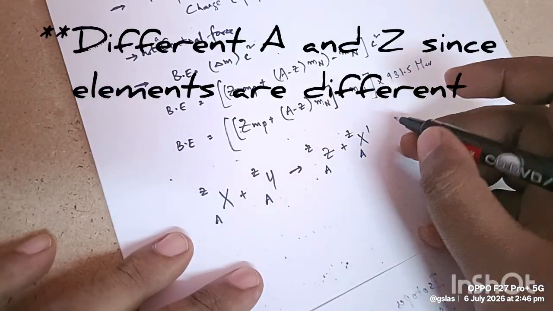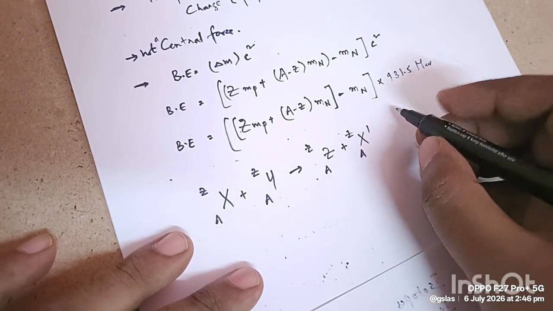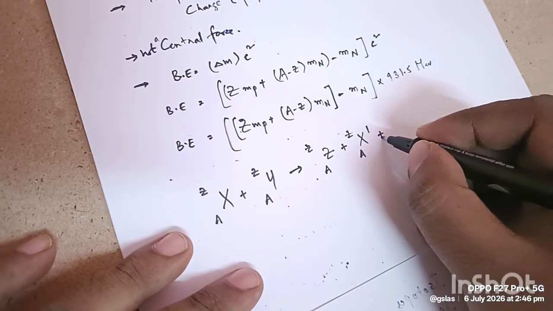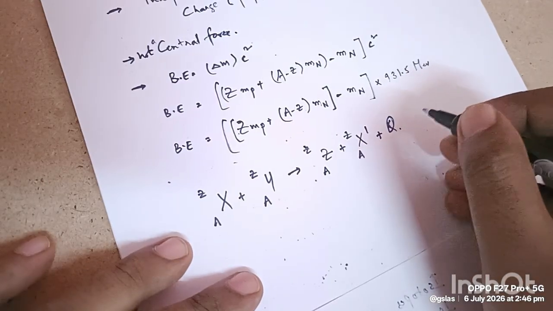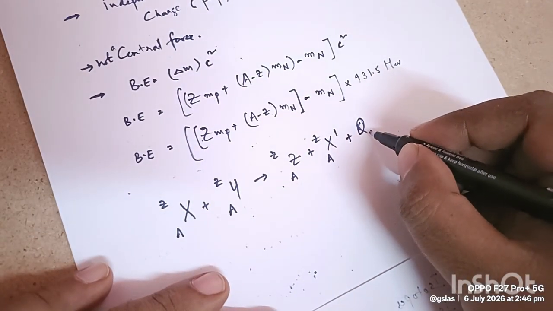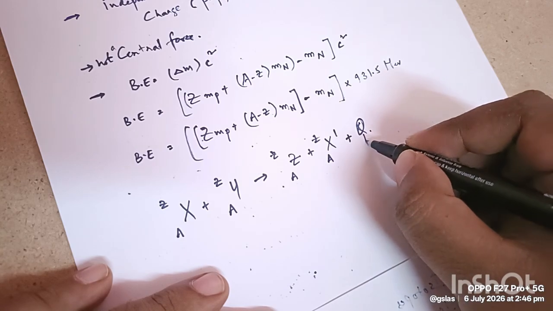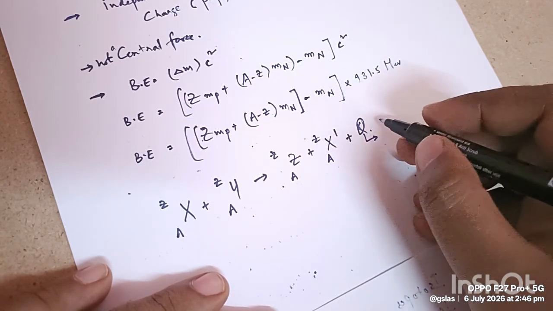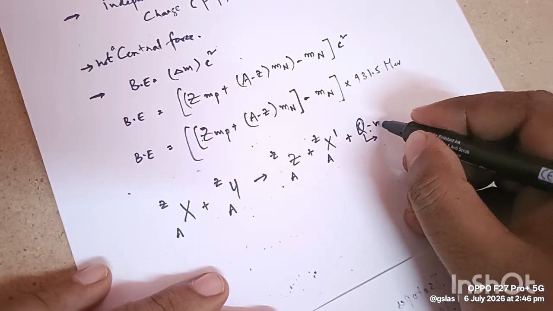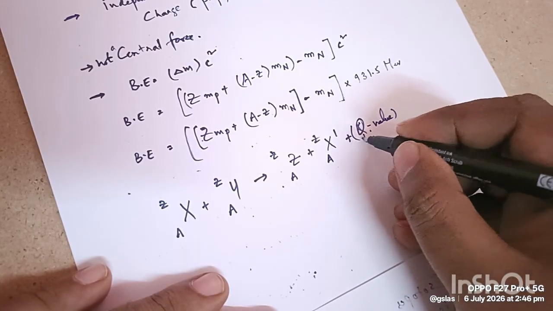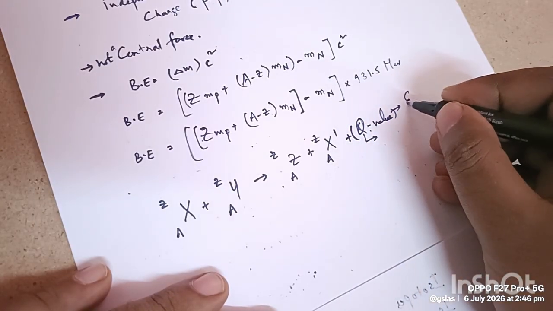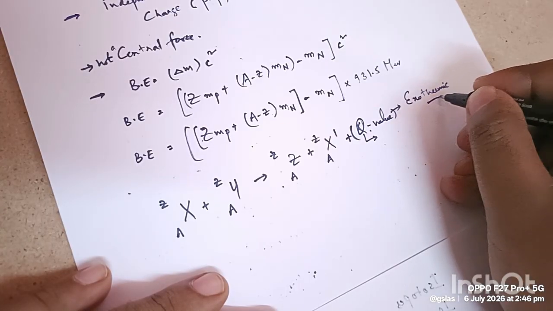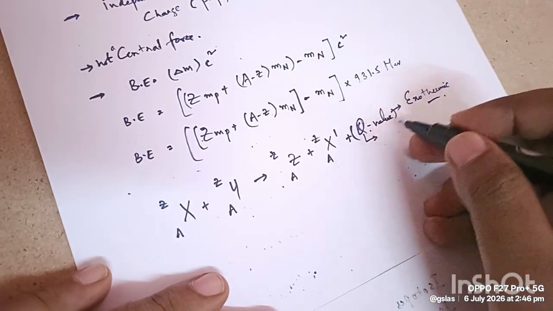So when this reaction occurs, it could be exothermic or endothermic. If it is exothermic, it releases some energy Q. Some energy gets released if it's exothermic, and that we call the Q value of the nuclear reaction.